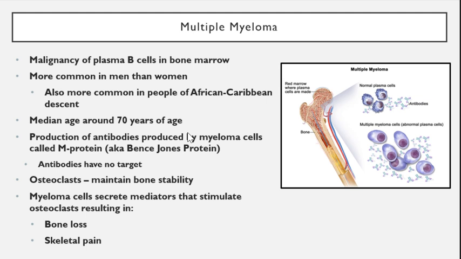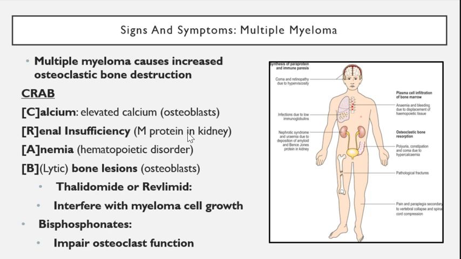So it can affect your bones when you have these multiple myelomas. Clinically speaking, you have increased osteoclastic bone destruction, right? Because it's targeting these bones. You get very weak bones, effectively, at the end of the day.